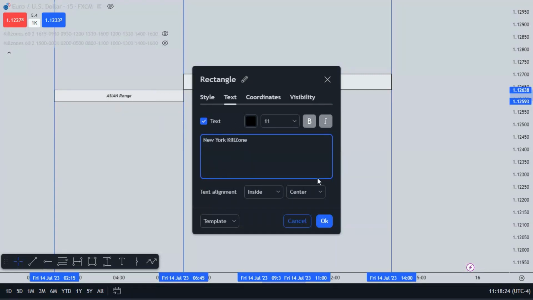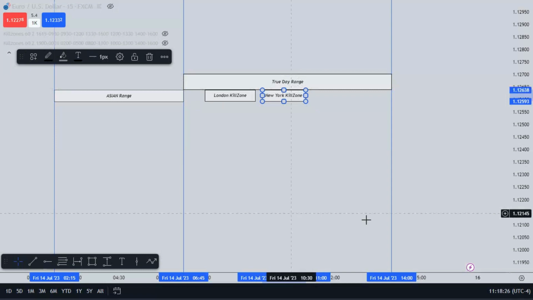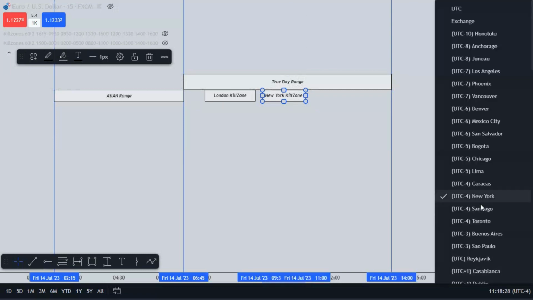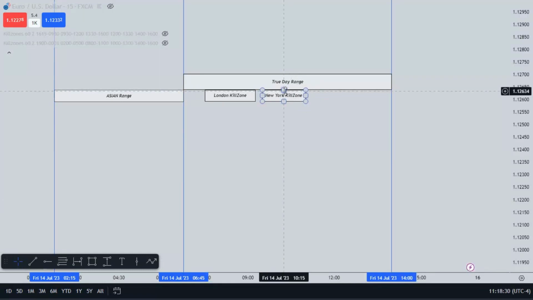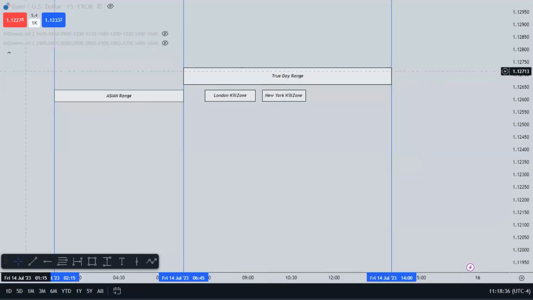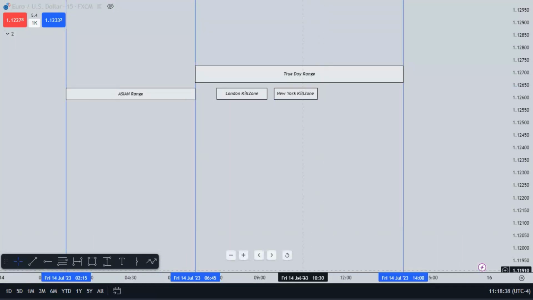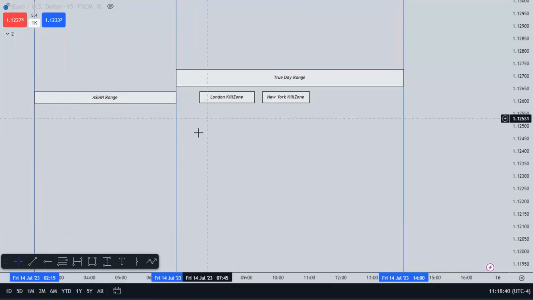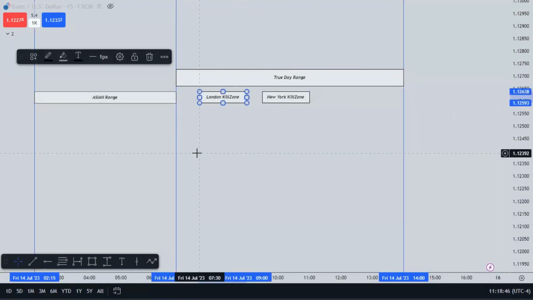And I repeat, everything is set to the New York time zone, because we're utilizing time and price based on the New York time zone, if that makes any sense. I personally only utilize this sometimes for futures, but specifically for Forex, right?